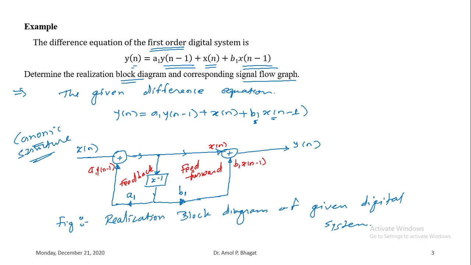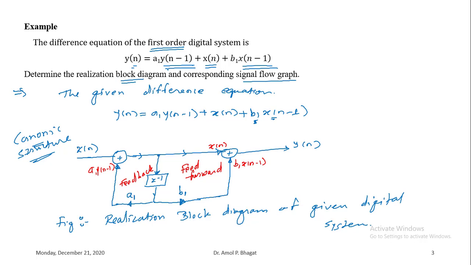So if you observe this realization structure here, we have used two adders, one delay element and two constant multipliers, right? So total 5 basic building blocks were used here for the realization of the given system, right? And the structure that we obtained is canonic. The reason for this is that we used only one delay element here, as well as the order of this system is 1, right?